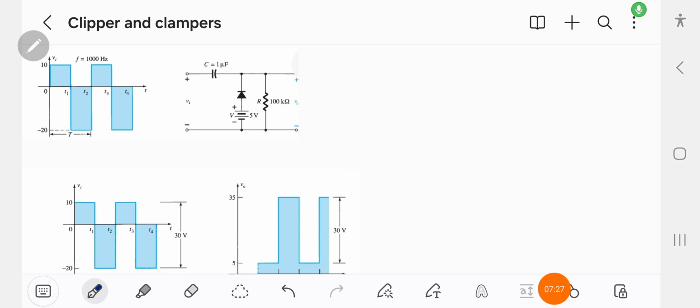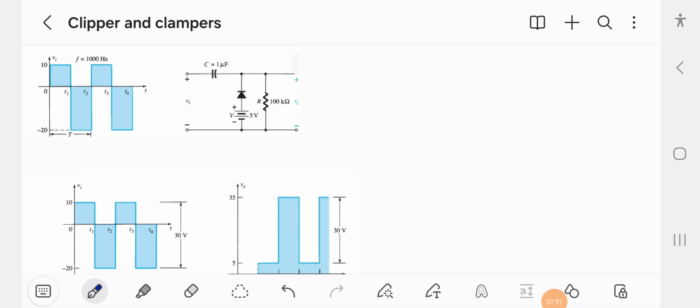Now the next topic is a clamper. A clamper is a combination of a resistor, a diode and a capacitor. A clamper is used to shift the input waveform to another DC level.